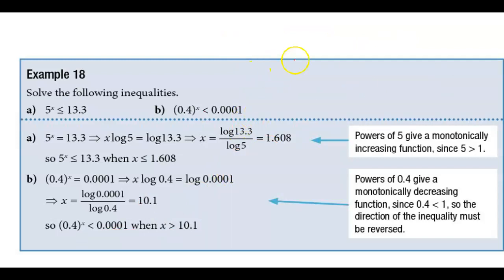See, children, over here you had log of 0.0001. This can be written as log of 1 upon, I put an extra 0 over here, 1 upon 1000, right?